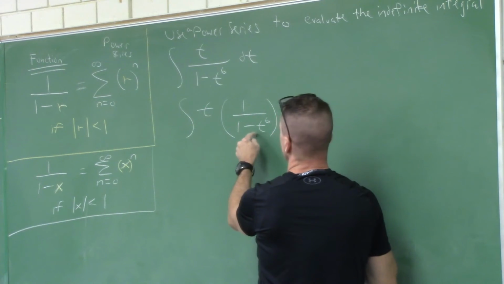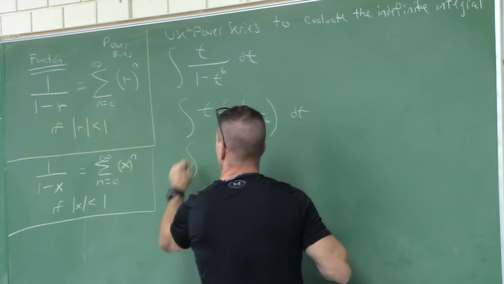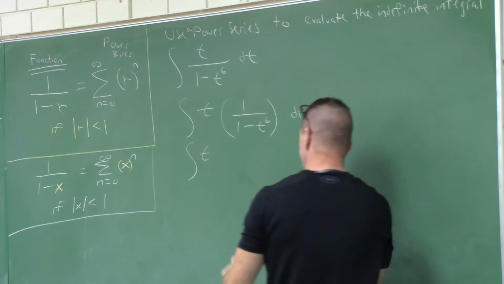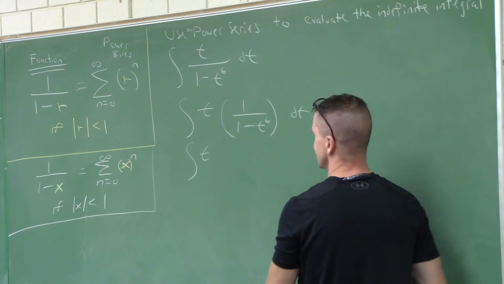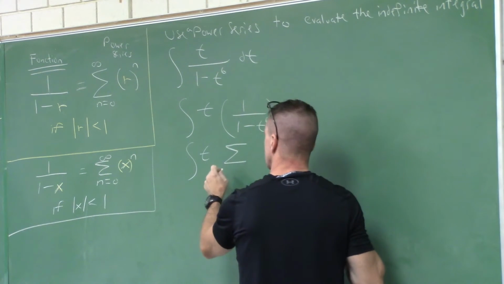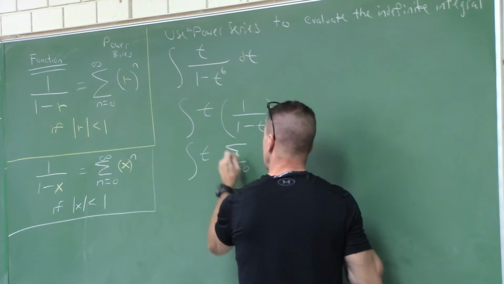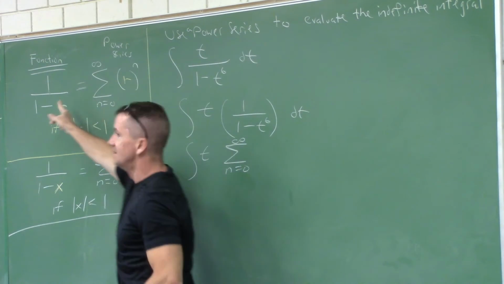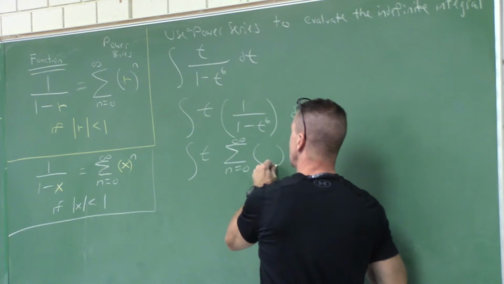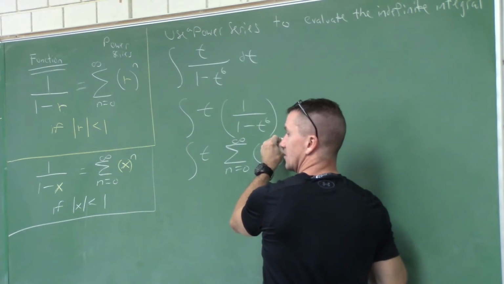Now what can I put in place of that? Leave that here, just let that t hang. What can I put here? Here we go. I'm going to put a power series. Is this cool? I am jamming this in here because I'm allowed to. It's got something to the n power, right?